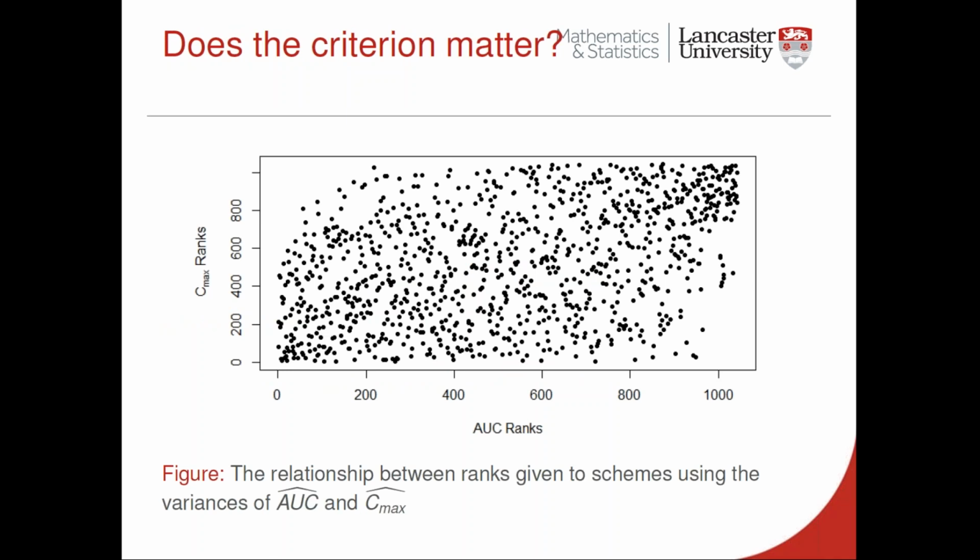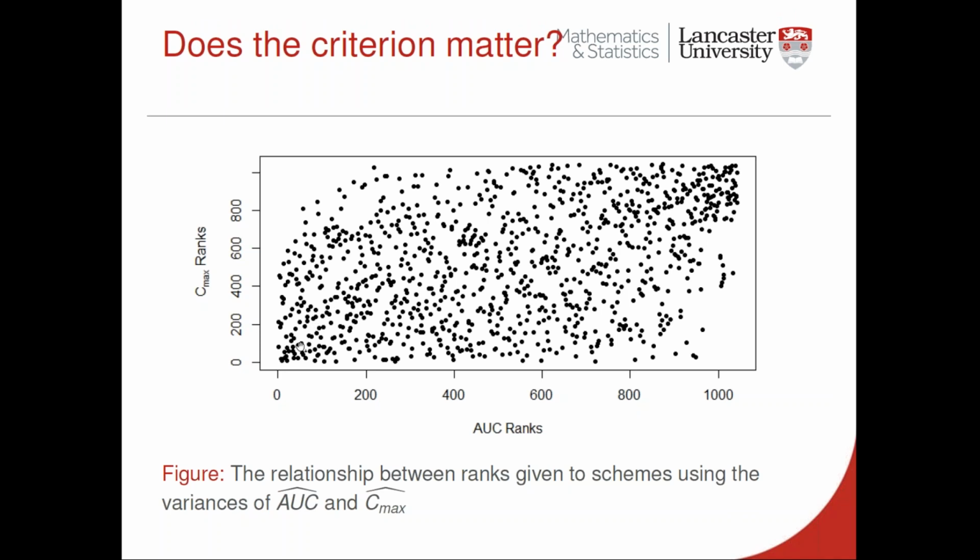If you do that, you'll find that the choice of criterion does matter, and it does matter notably. The graph that you see here is for the same model, the same simulated data. For the just over 1,000 different schemes, we find the rank of that scheme if I use the variance of the AUC, as well as if I use the variance of Cmax.